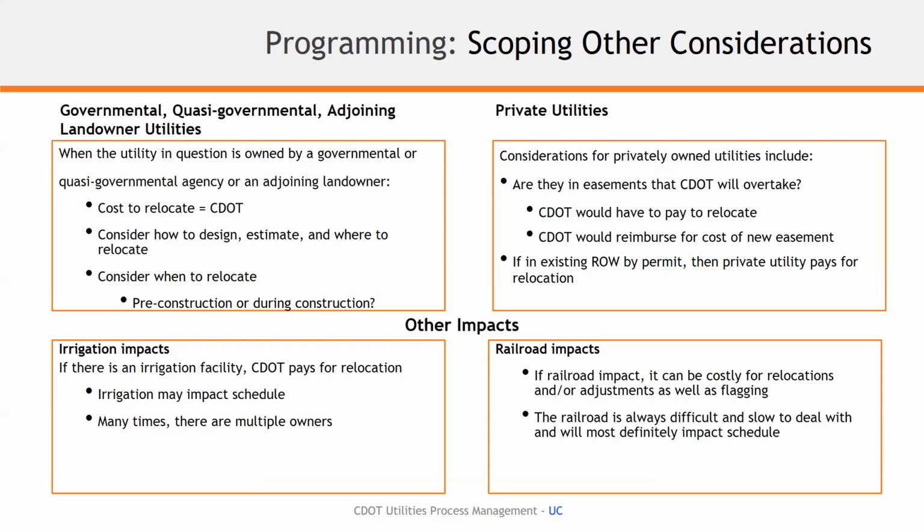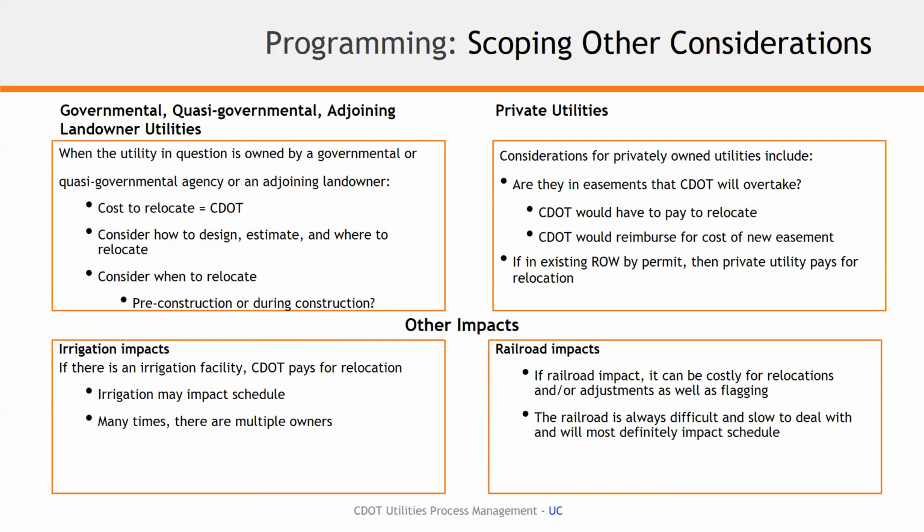And then consideration for when to relocate needs to be, one of those, is it pre-construction or during construction? That's always a balance of when we should be looking at these relocations. But that really comes to better determination as we move through the design process into 30–60% design. Then we should know exactly when those things will be moving forward.